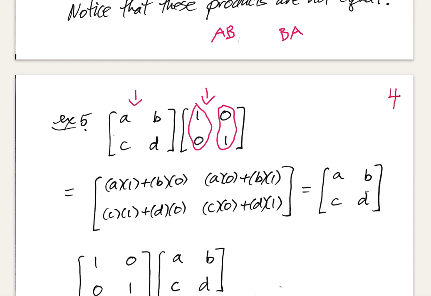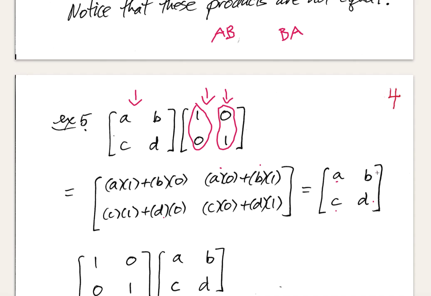And that ends up being just plain old A. Then I'm going to have C times 1 plus D times 0. That's C. Okay. Now multiply with this second column. That's going to be A times 0 plus B times 1. Think about that. That is just B. And then what? C times 0 plus D times 1. That's going to be D.